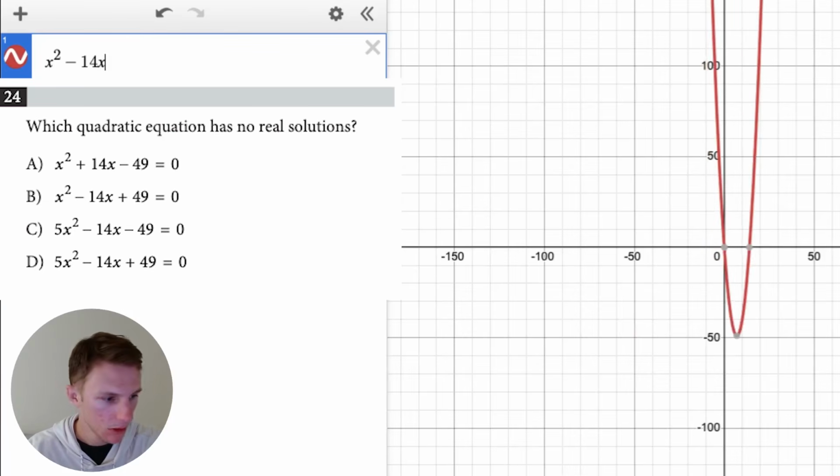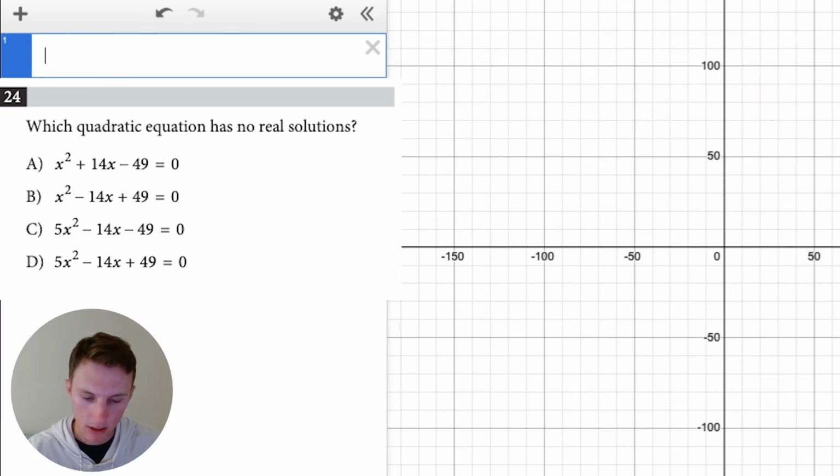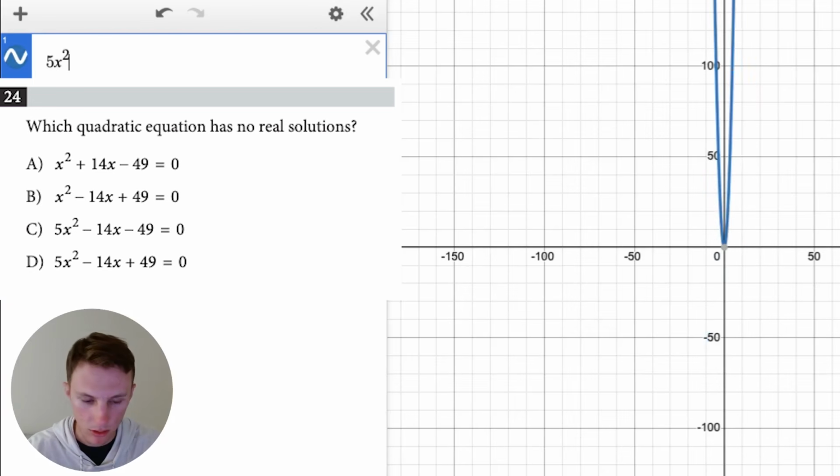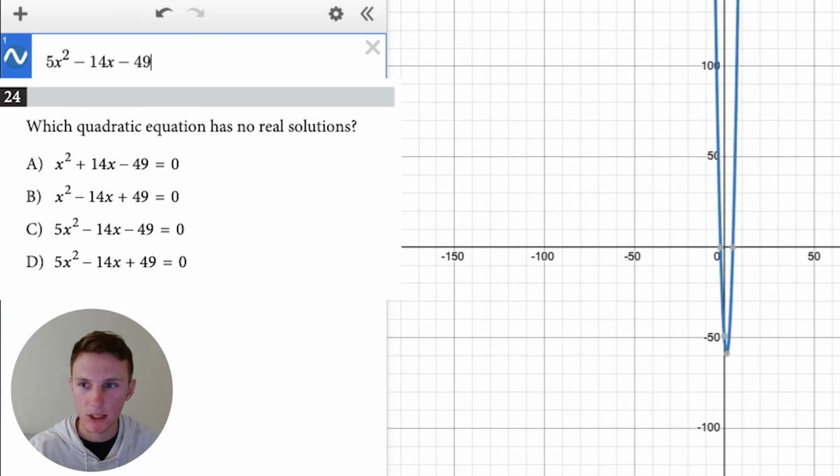Minus 14x plus 49. Yeah, it touches once, so it has 1 solution. So that's not going to be it. Let's put in answer choice C. That'll be 5x squared minus 14x minus 49. That touches twice. So we know the answer is going to be D just by process of elimination.